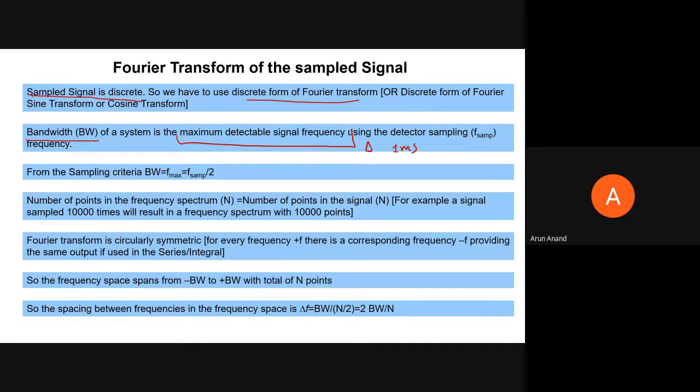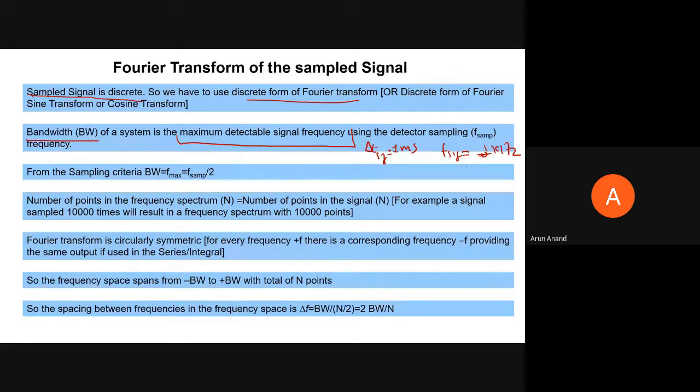So your delta t for your signal is 1 millisecond. Then your signal frequency, F signal, is equal to 1 by 1 millisecond. So that is 1 kilohertz, right?